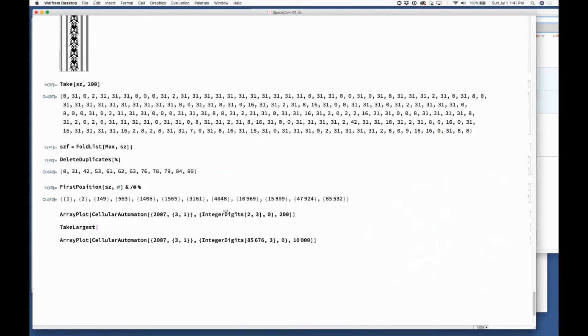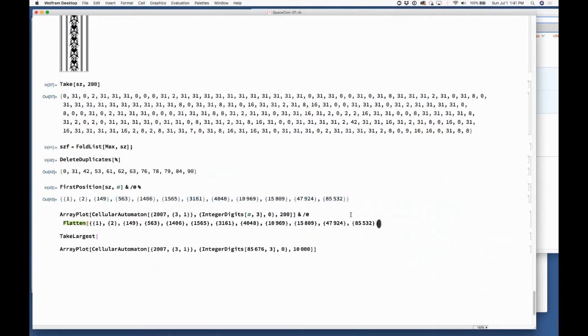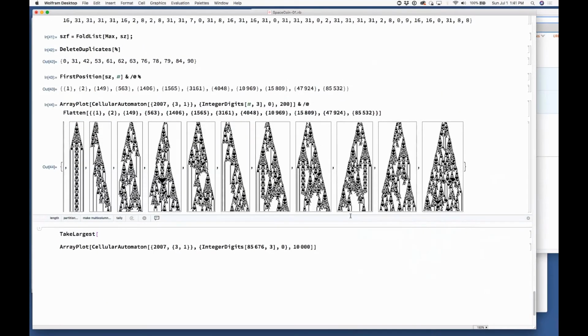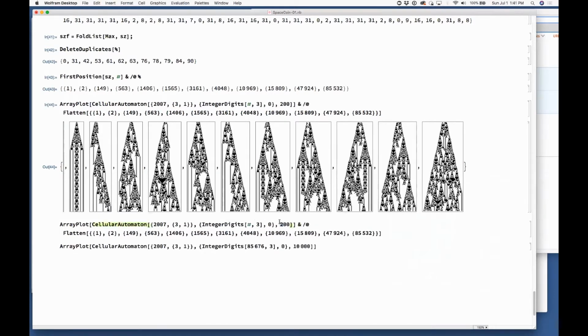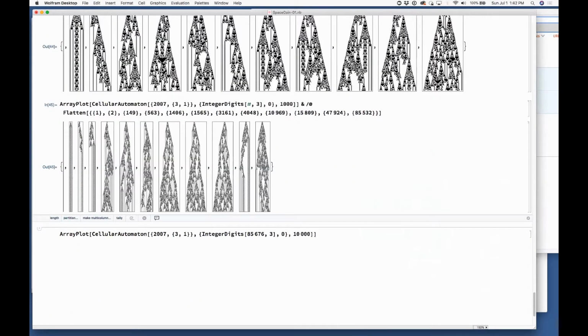So now let's just map this over those. Let's copy this list down and flatten that list. And so that should give us, okay, there we go. So those are the distinct patterns, at least with respect to the heuristic of size. And let's run them a little bit longer, say 1,000 steps. So what we're seeing here is that was the one that we looked at before.